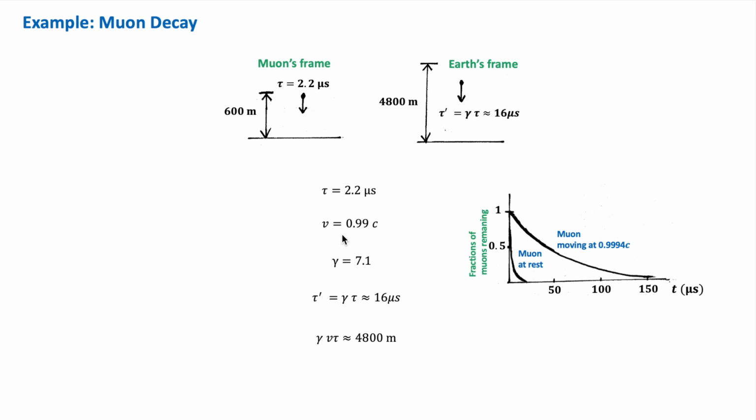So if v is equal to 0.99 c, then gamma is equal to 7.1, and gamma tau is approximately 16 microseconds, okay? And so the average distance traveled by the muons as measured by an observer on Earth is gamma v tau, which is equal to 4,800 meters, as you can see here.